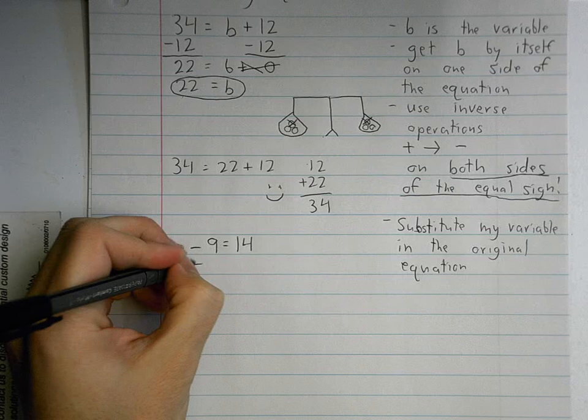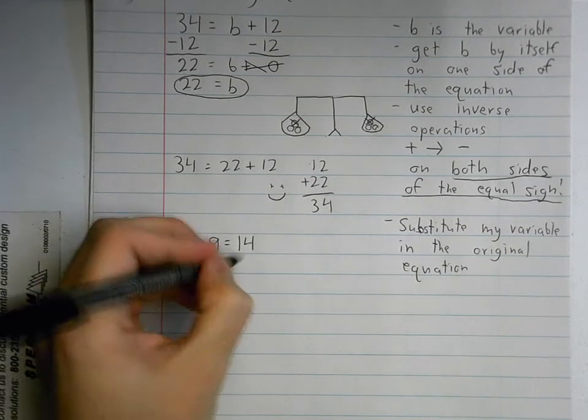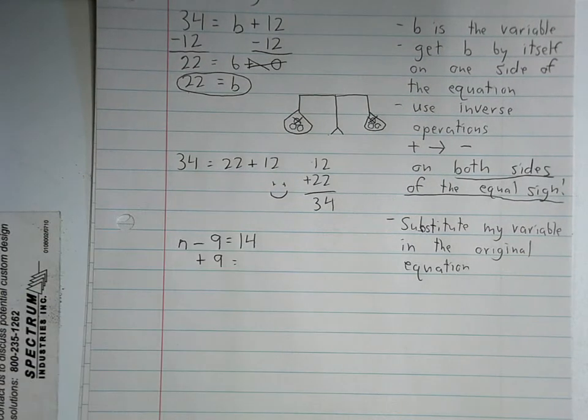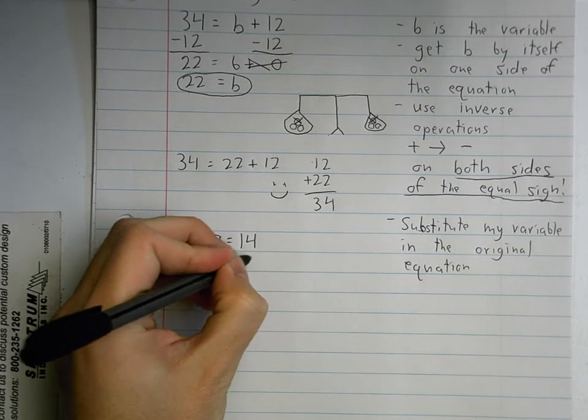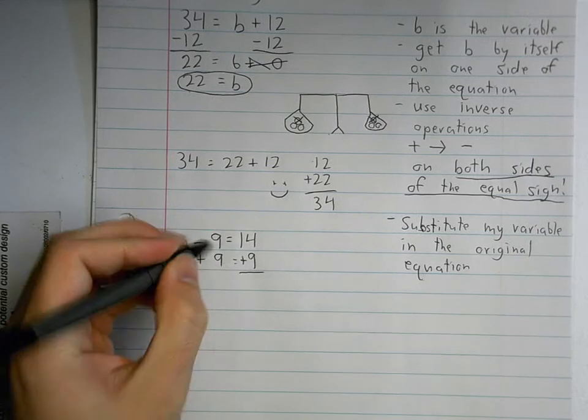I have a negative 9 plus 9. And if I add 9 to one side, what am I going to add to the other side? Jacob. 9. Yeah, remember, whatever you do on one side, you have to do on the other side.